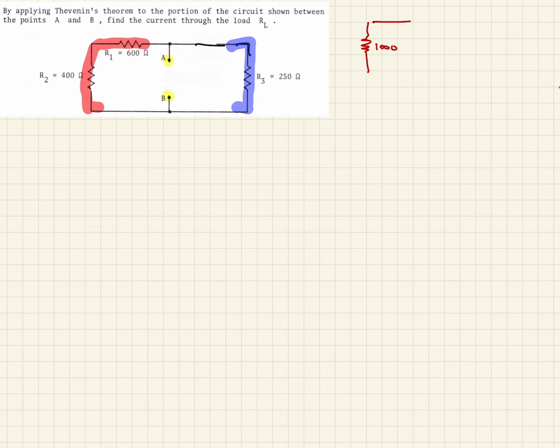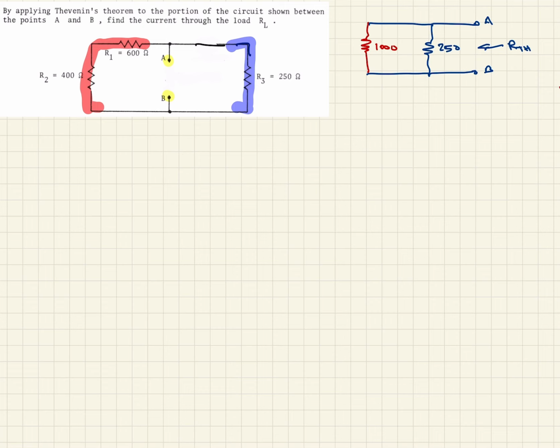And then we have the next one right here, which is 250. And then we have our original A and B here.